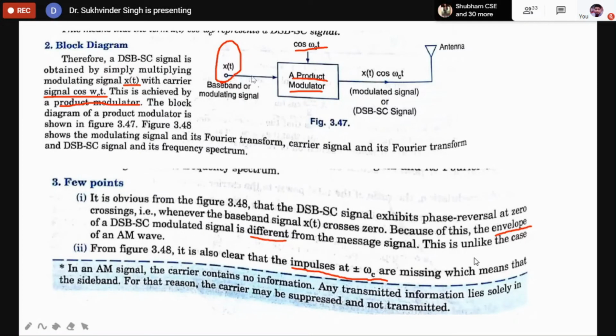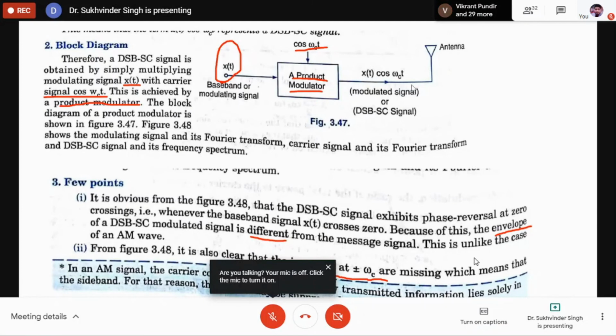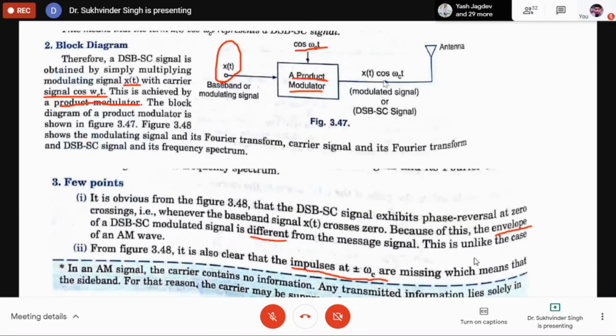When these two are simultaneously fed into a product modulator, it will multiply the modulating signal with cos omega ct, and we will get a modulated signal called the double sideband suppressed carrier. Here I am talking about xt cos omega ct, which is the output of a product modulator.